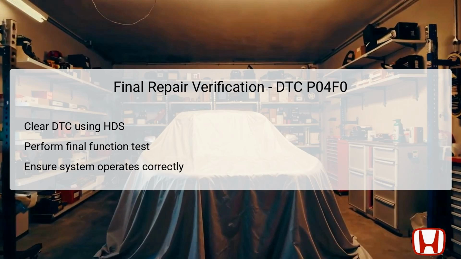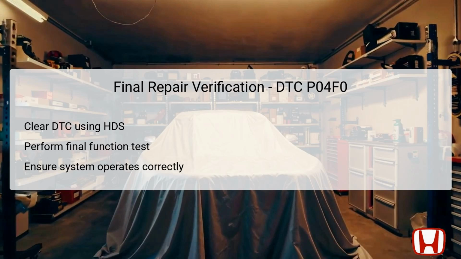After all necessary repairs have been executed, the next step is to clear the DTC from the PCM using the Honda Diagnostic System, HDS. This procedure resets the output and removes the trouble code from the vehicle's memory. Following this, it's crucial to perform a final function test to ensure that all systems are operating within the specified parameters.